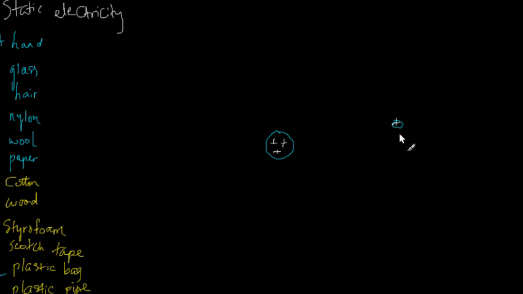Okay, so I have these positive charges here and here. Now, if I have positive charges on two objects, they will repel each other because like charges repel. So this would apply a force on this to push it away.